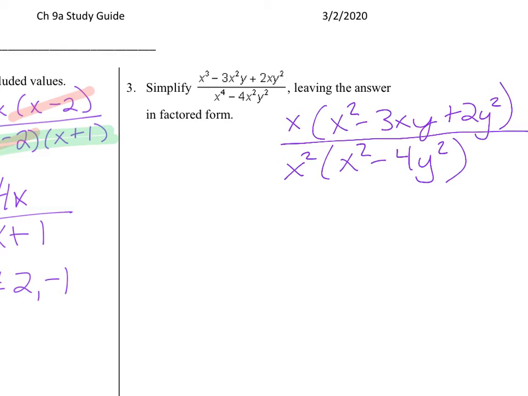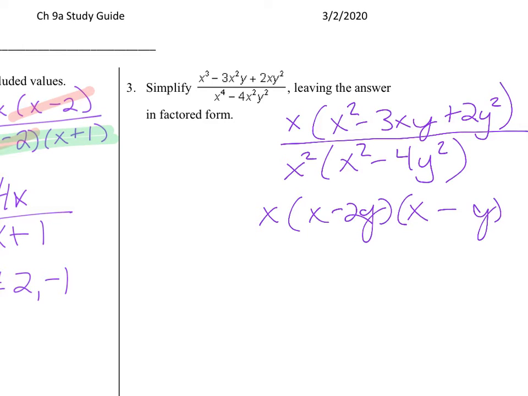Now I'm going to factor both the numerator and the denominator one more time. I still have the x in my numerator, but I can factor the trinomial. Factors of 2 that add to 3 are 2 and 1, and both are negative numbers.